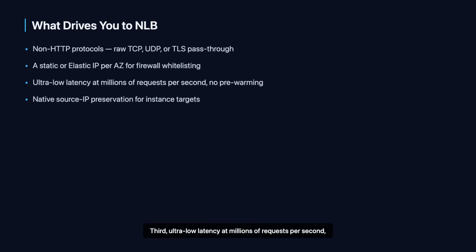Third, ultra-low latency at millions of requests per second, with no pre-warming needed for sudden spikes. And fourth, native source IP preservation, for instance targets, meaning your backend sees the real client IP without you parsing any headers. Any one of those, and the NLB is your answer.